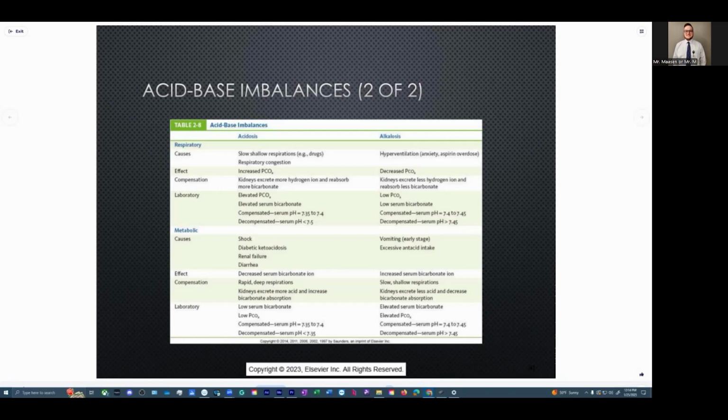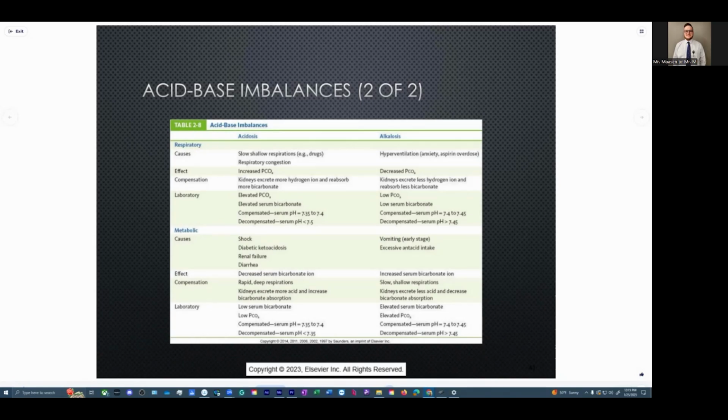On the metabolic side, acidosis, the most common is probably kidneys failing and leading to not being able to get rid of enough hydrogen ions, or diabetic ketoacidosis. Bicarb tends to drop. On the other side, alkalosis could be vomiting or excessive antacid intake, because most antacids, Tums or name brand, they're all calcium bicarbonate.